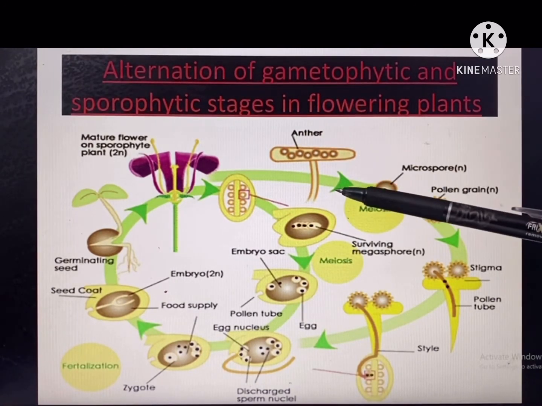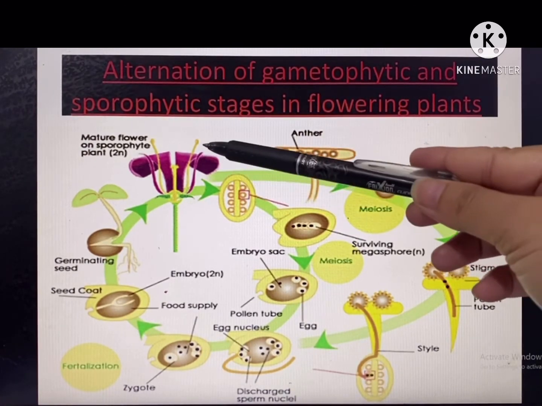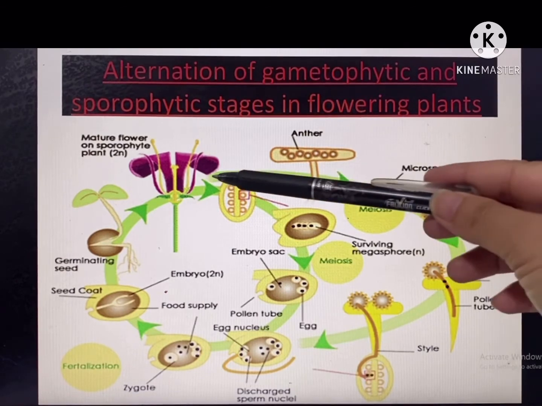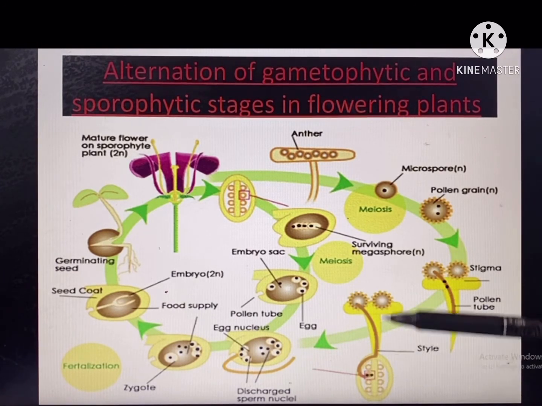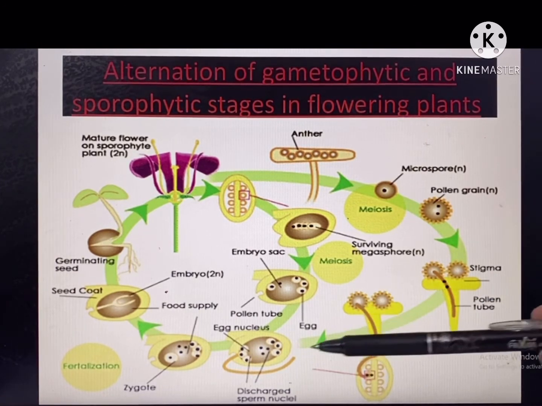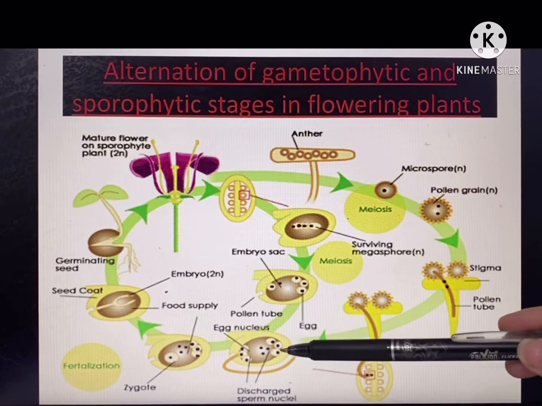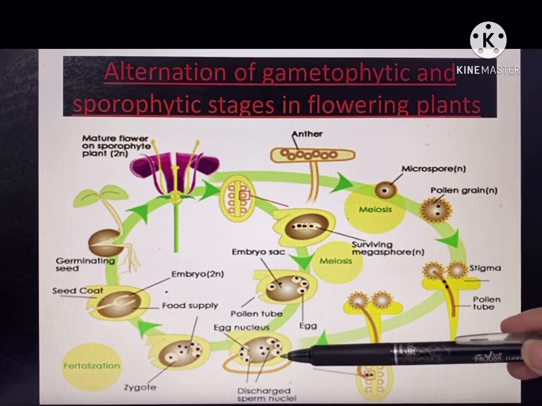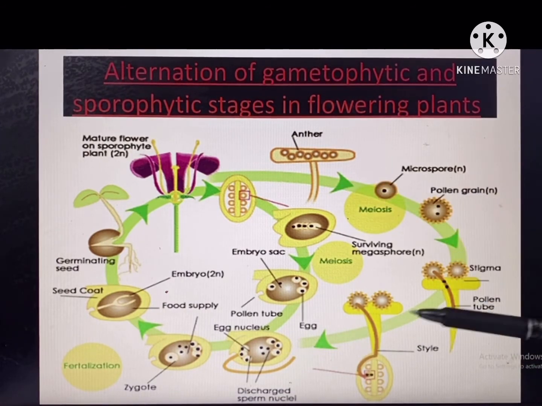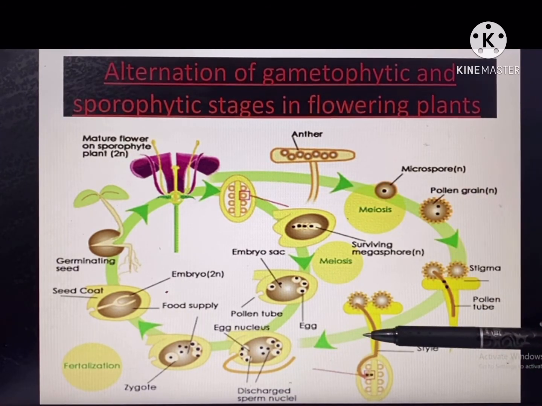What about the anther? From the flower, from this portion, the anther turns into the mature male gametophyte, which after fertilization initiates the overall development process. So here is the overall process of microsporogenesis.